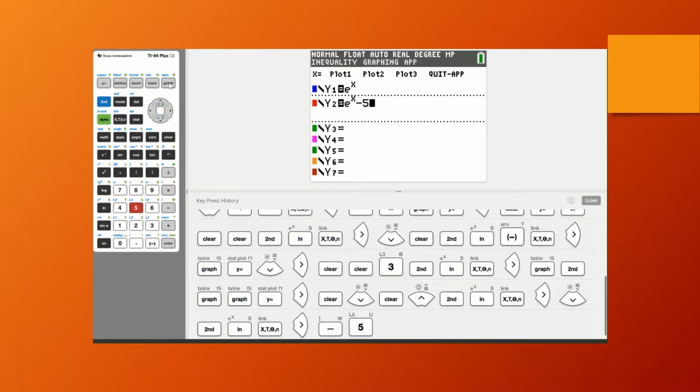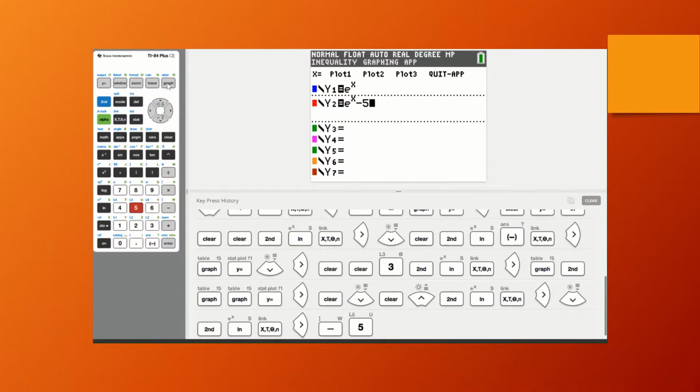Let's take a look at those graphs. Now, the e to the x should just look like a regular exponential function. It should be coming in, hovering along the x-axis on the negative side until it gets near the y-axis. We should see it cross there with a y-intercept at 1 and then rapidly ascend. And then we should see this one do the same thing, except it's going to be 5 units down on the y-axis.